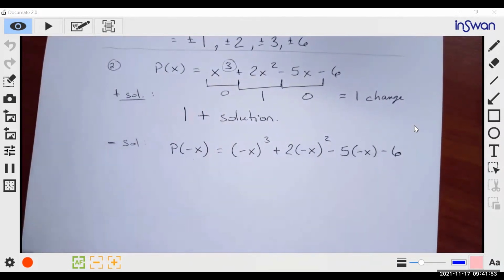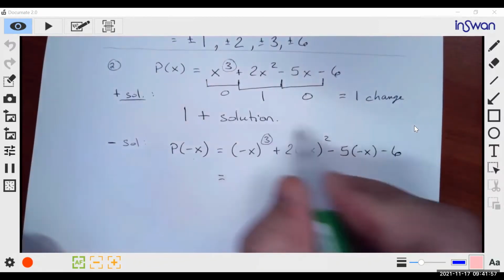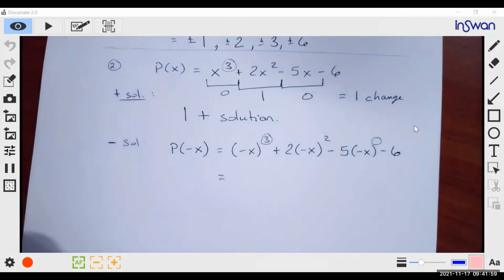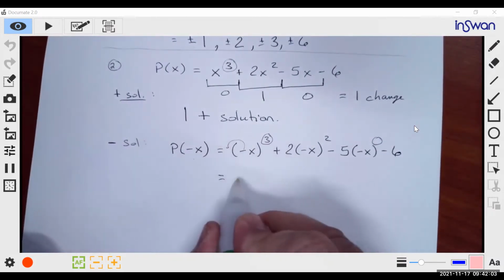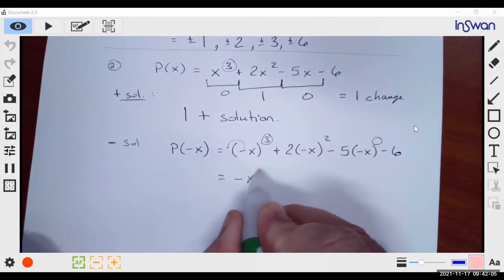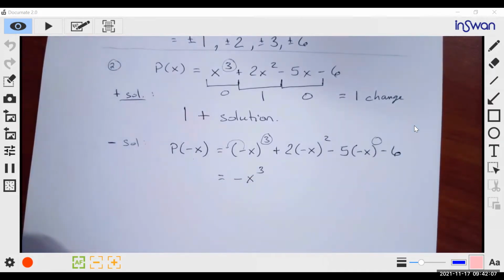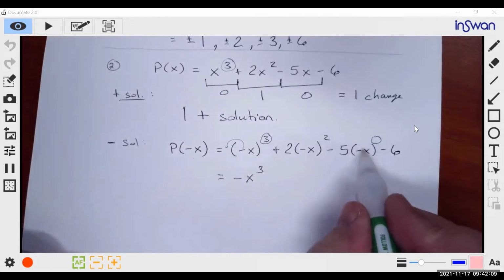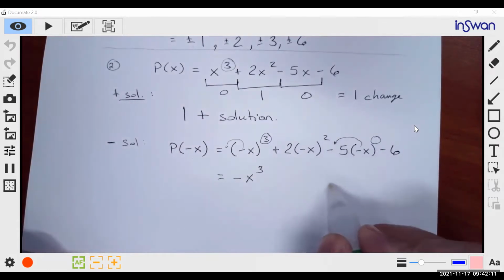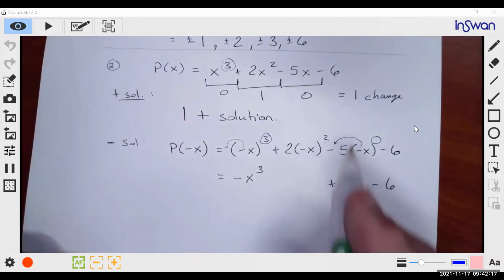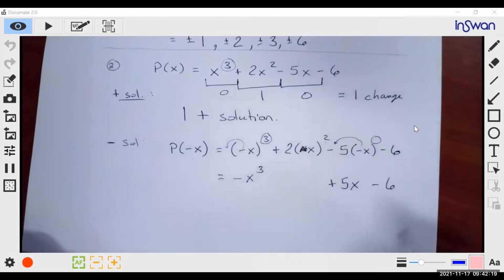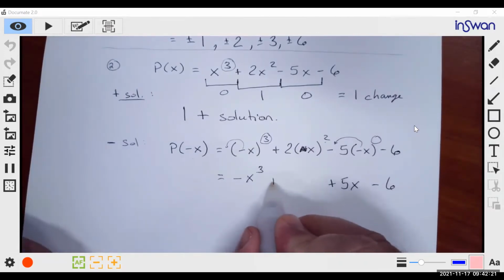So everywhere I see an x, put a negative x. The only ones we have to worry about are the odd exponents. If it's an odd exponent, that negative goes out in front. So it's negative x cubed. Negative times negative is a positive 5x down. If it's an even exponent, just get rid of that negative inside the parentheses. Nothing changes.